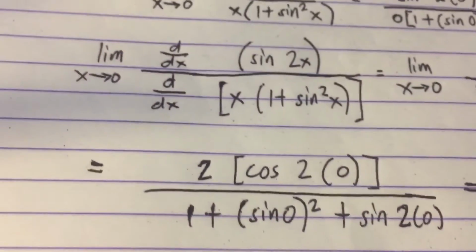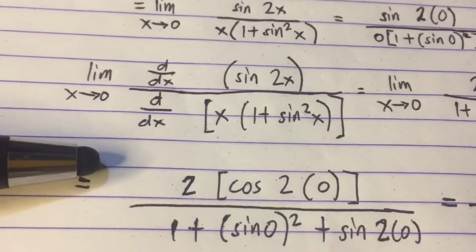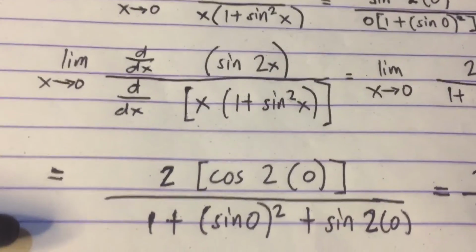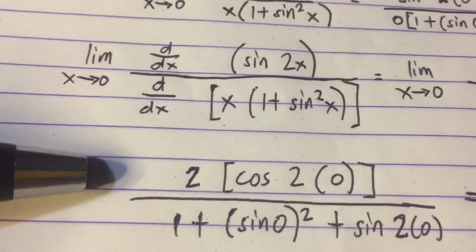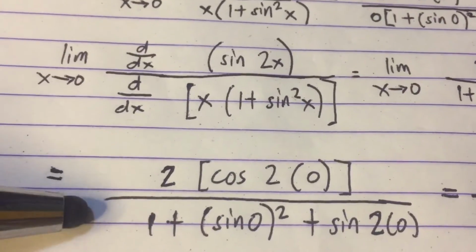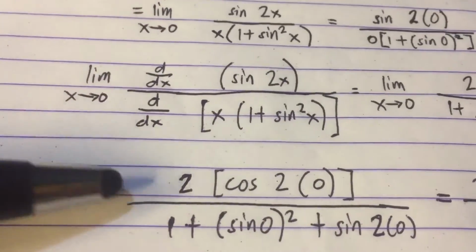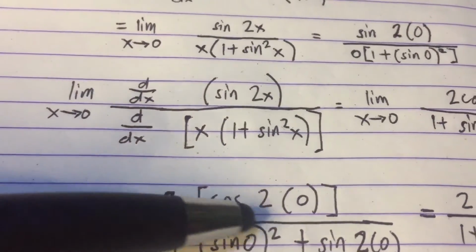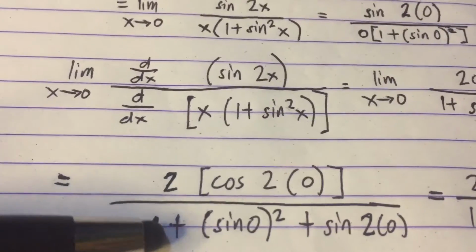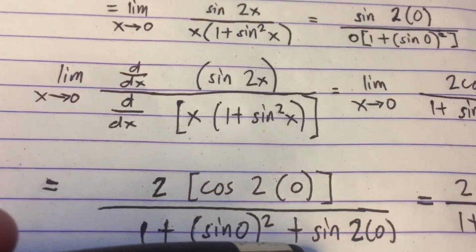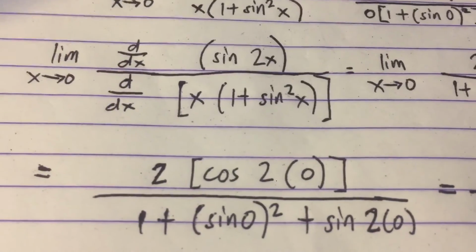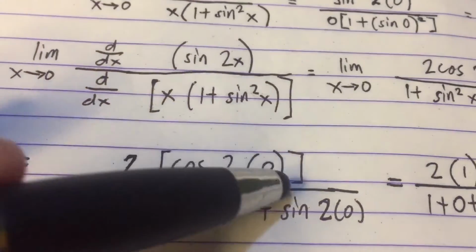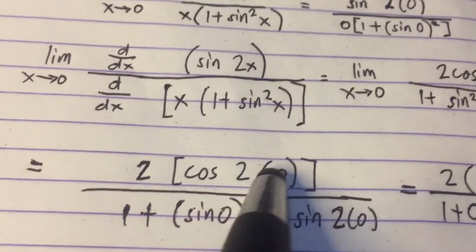We will now substitute in our f prime of x over g prime of x as x approaches 0. We will no longer put the limit here since we are now going to substitute. Excuse me. 2 times cosine 2 times 0 over (1 plus sine 0 squared) plus sine 2 times 0. We have 2 times, this is equal to 1.